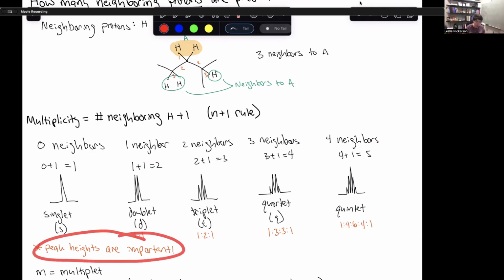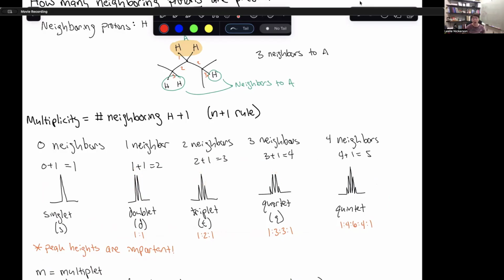So the peak heights are important. I say that just so that you don't look at this and start to think that anything that has just 3 tips on it is a triplet. It is not. A doublet is specifically a 1-to-1 peak height of those two peaks. A triplet is going to be a 1-to-2-to-1. A quartet is a 1-to-3-to-3-to-1.